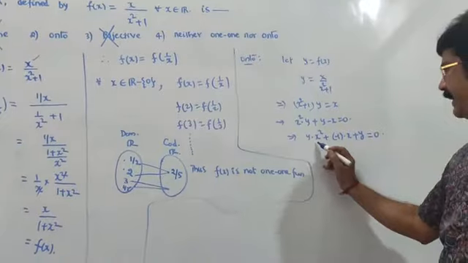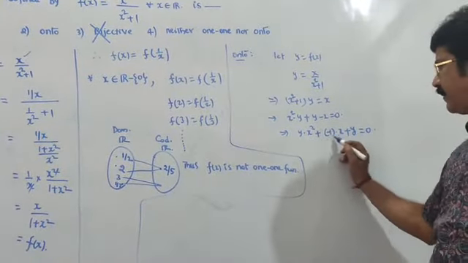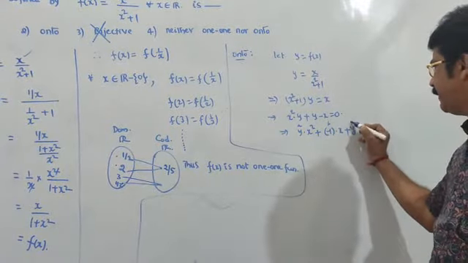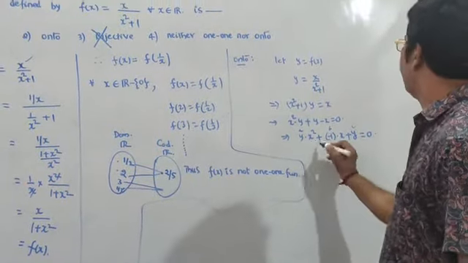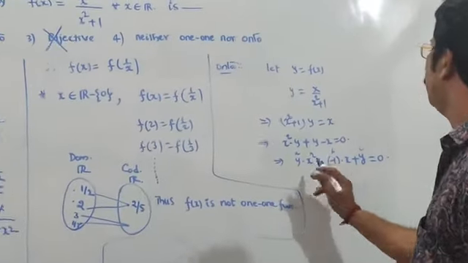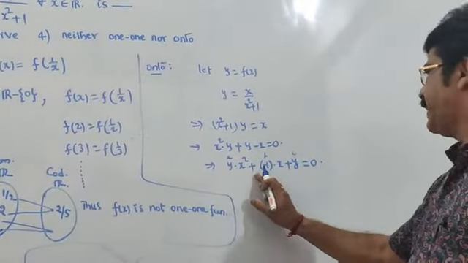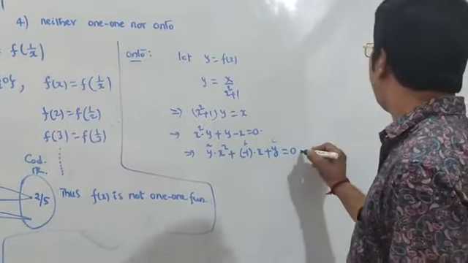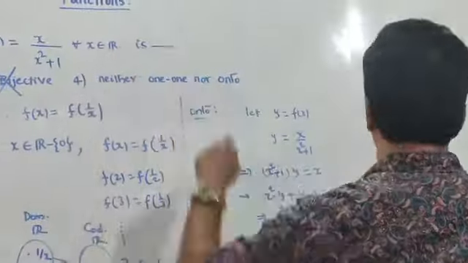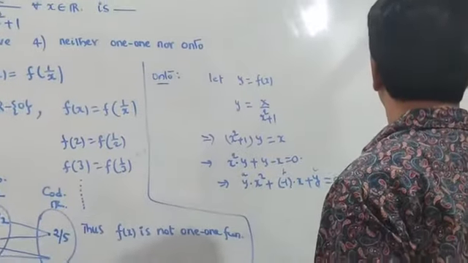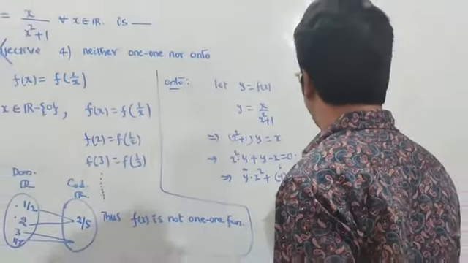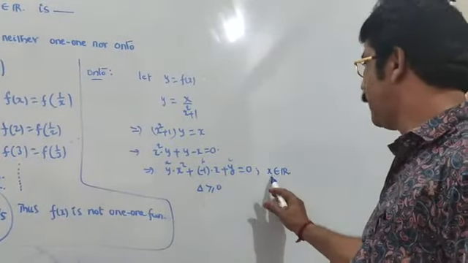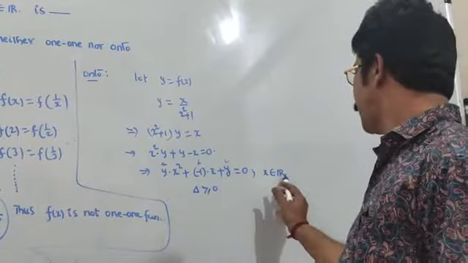So clearly it is a quadratic equation in terms of x, with a equal to y, b equal to minus 1, and c equal to y. Here x belongs to capital R, so the roots are real numbers.